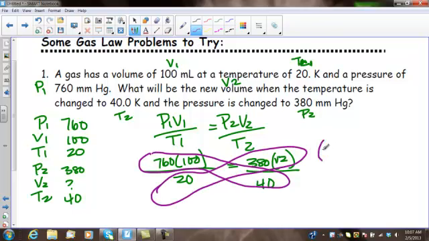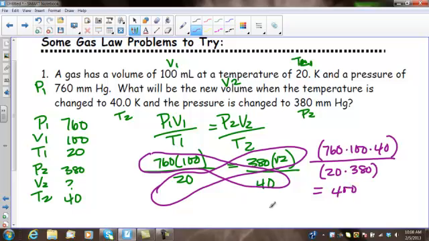Again, calculator, parenthesis, 760 times 100 times 40, end of parenthesis, divided by parenthesis 20 times 380, end of parenthesis, equals. And I get 400 as my answer. So V2 is equal to 400 milliliters. I go back and check: my volume was in milliliters, so my final volume is in milliliters. We have 3 more problems to work through.